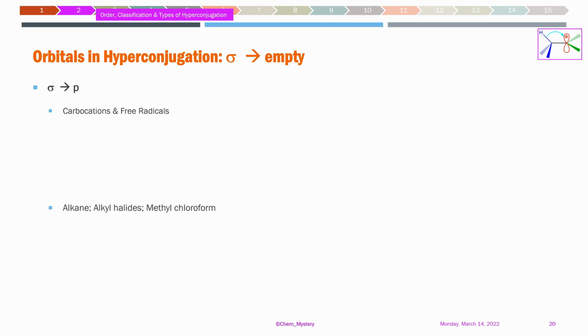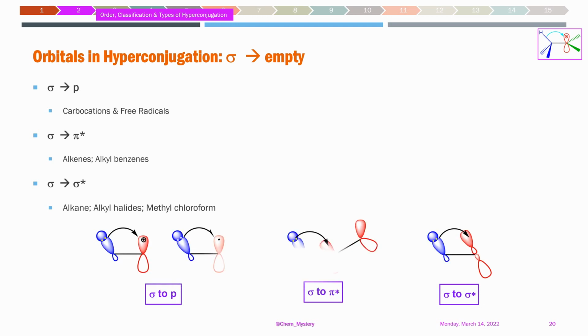Next example is where sigma electrons are going into the empty molecular orbital. Just one case we are having here, that is benzyl chloride or situations like that. We have just shown here one chlorine. We can have even more chlorines. A similar situation will arise there as well. So what was happening here?